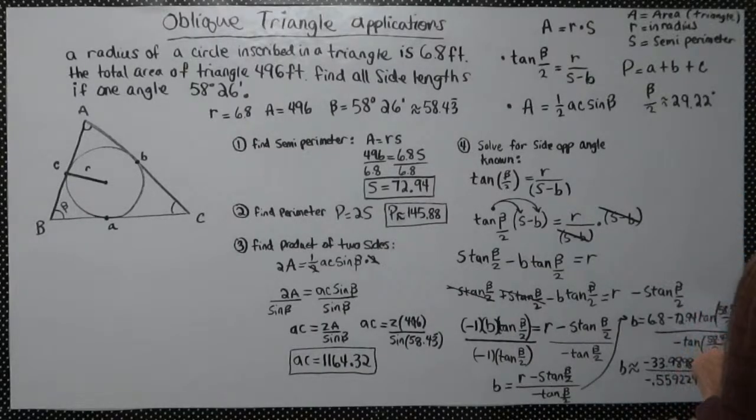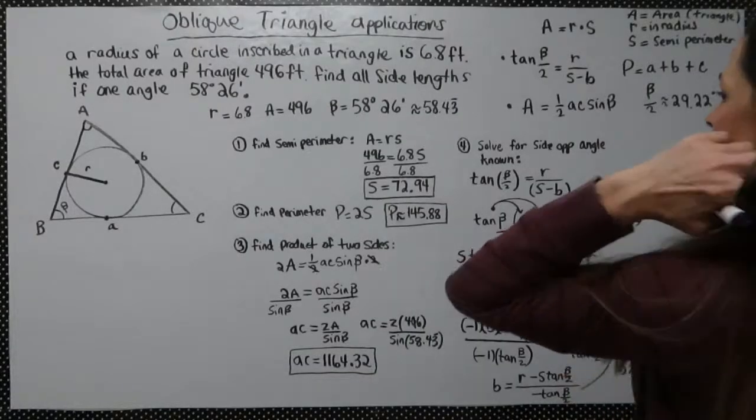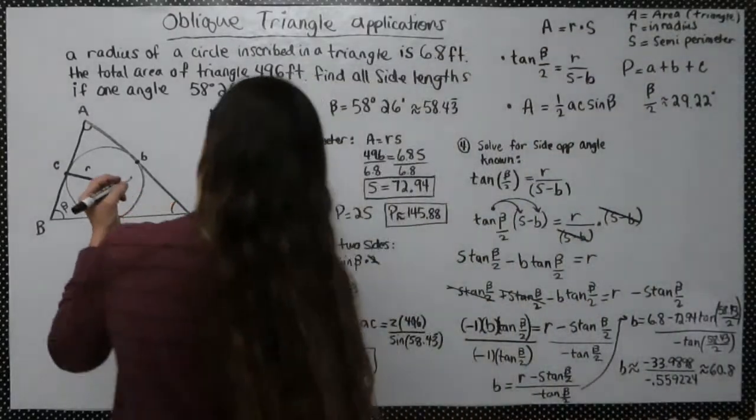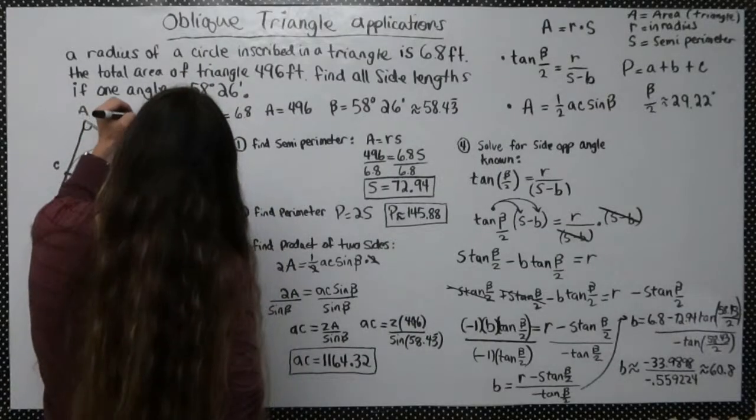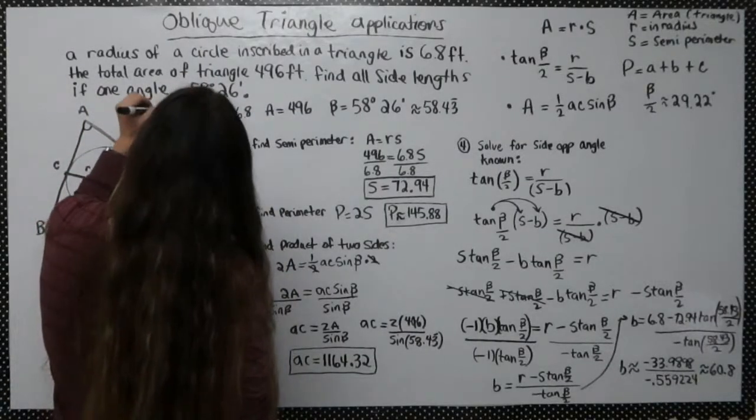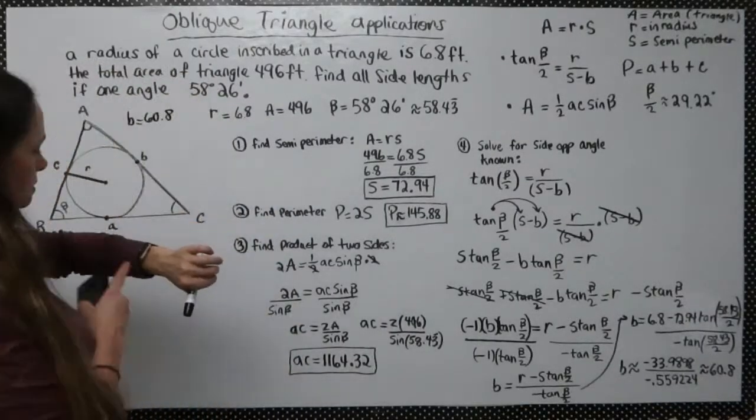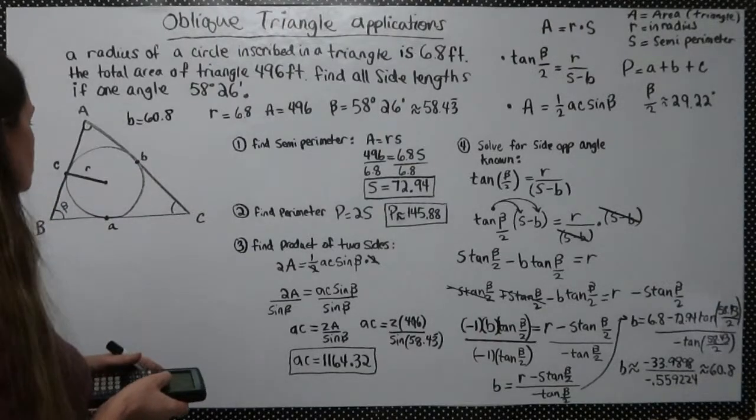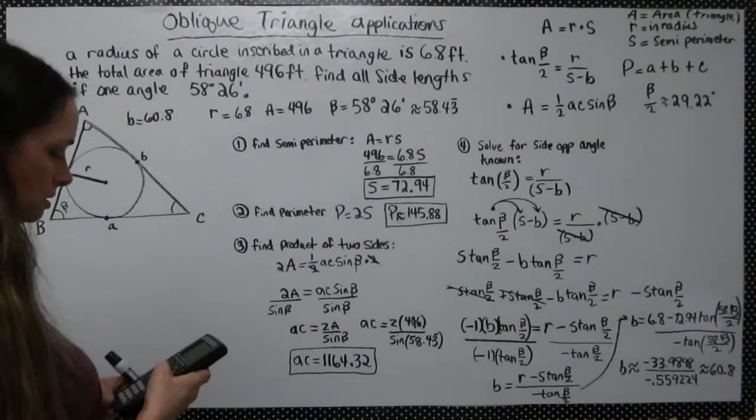Using half angles. All right, so let's go ahead and make a list. We've got the little b here, and we've got 2 more sides to find.